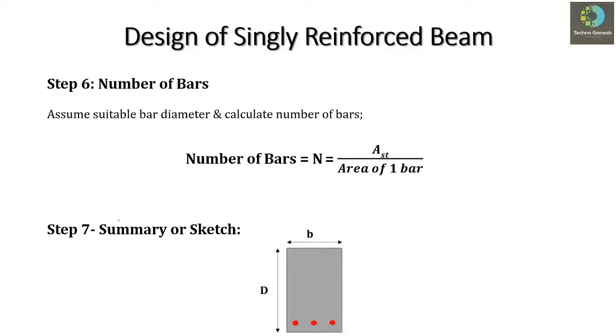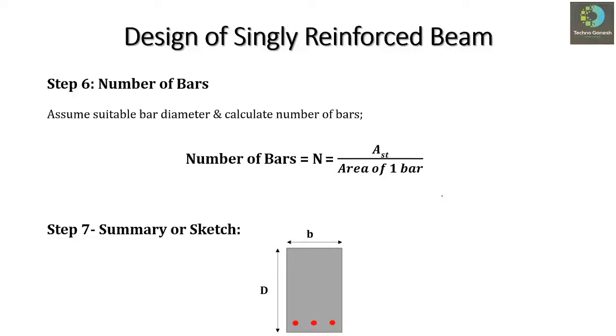So these are the steps for the design of a singly reinforced beam. Some minor alterations should be made as per the given data. Sometimes in the problem only the bending moment is given directly, and you have to design the section.